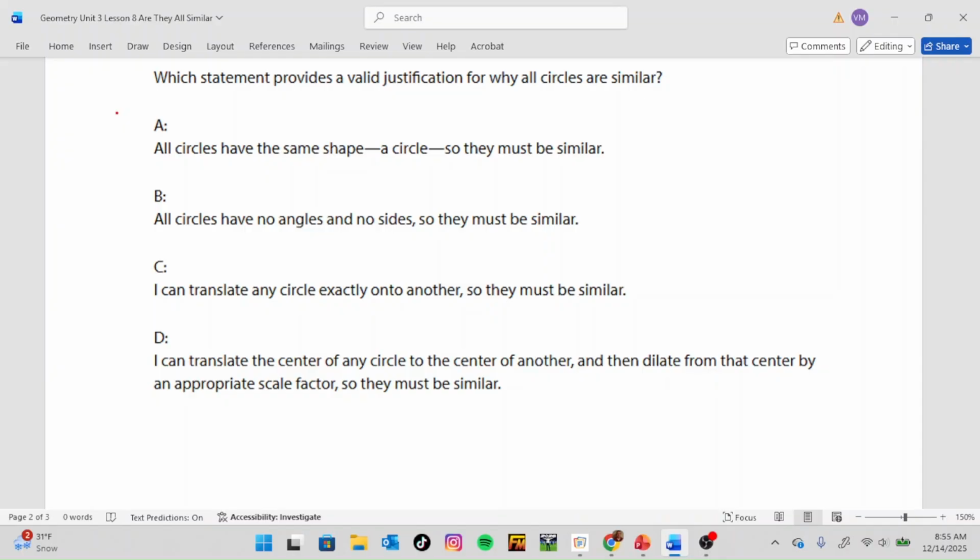Well, we can reference back to practice problem number 1 to see that this is not true, because we just proved not all triangles are similar.